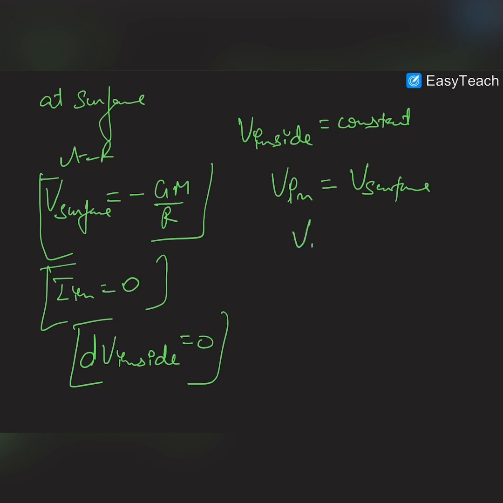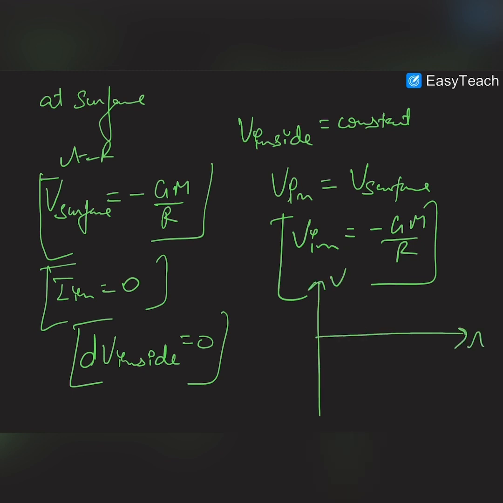So V inside would be equal to minus GM by R at all the points inside the sphere. So this is the potential inside the sphere and it is constant. So if we plot the graph of potential, it would be negative, obviously minus GM by R, and it would be constant till r is equal to R, and after that it would be a hyperbola like that.